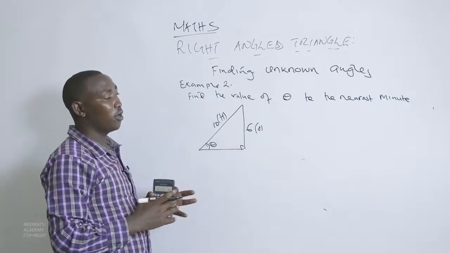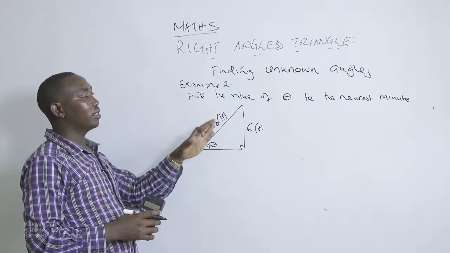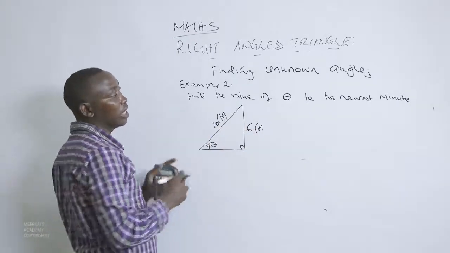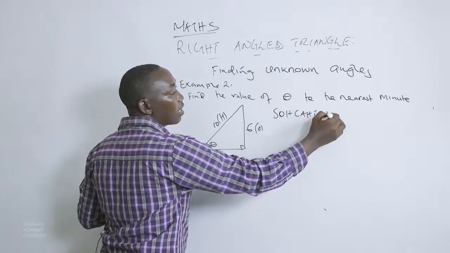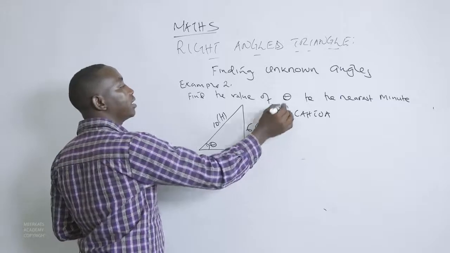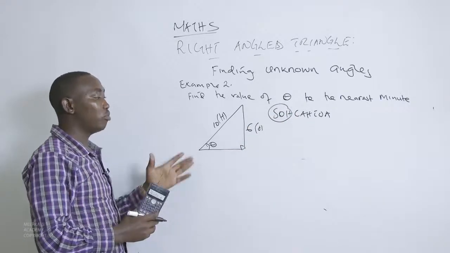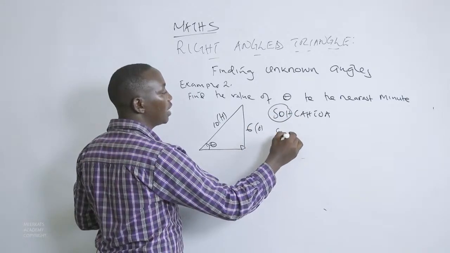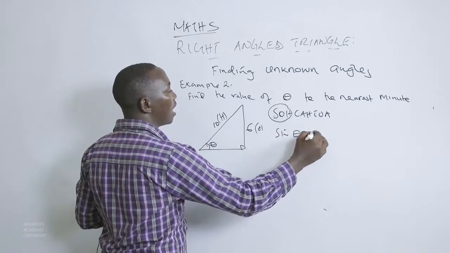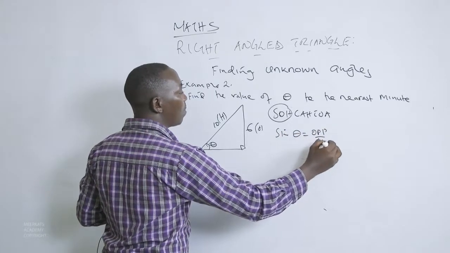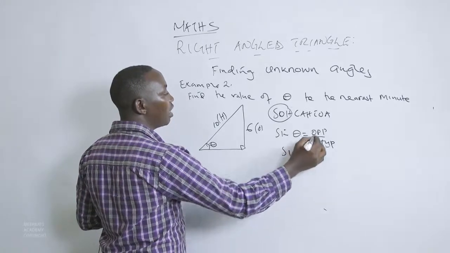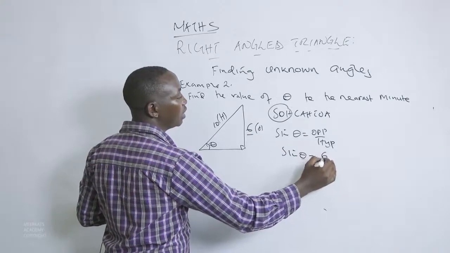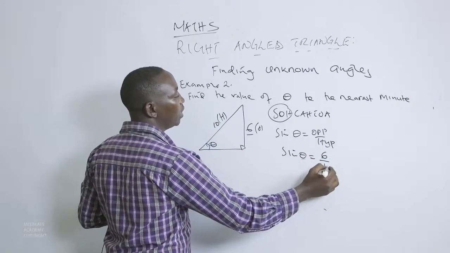Therefore, we need to use a trigonometric ratio that has opposite and hypotenuse, and therefore from SOHCAHTOA we can use sine to get this particular angle. Sine of theta shall be given by opposite all over the hypotenuse, which is 6 all over 10.